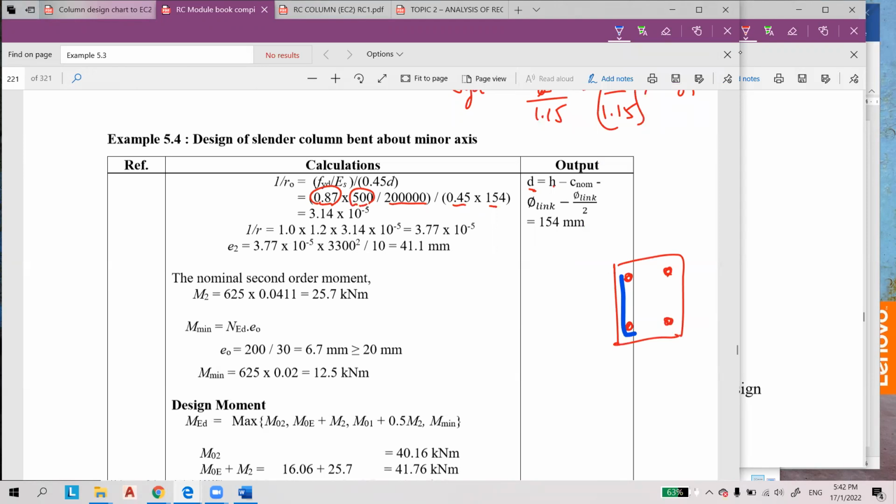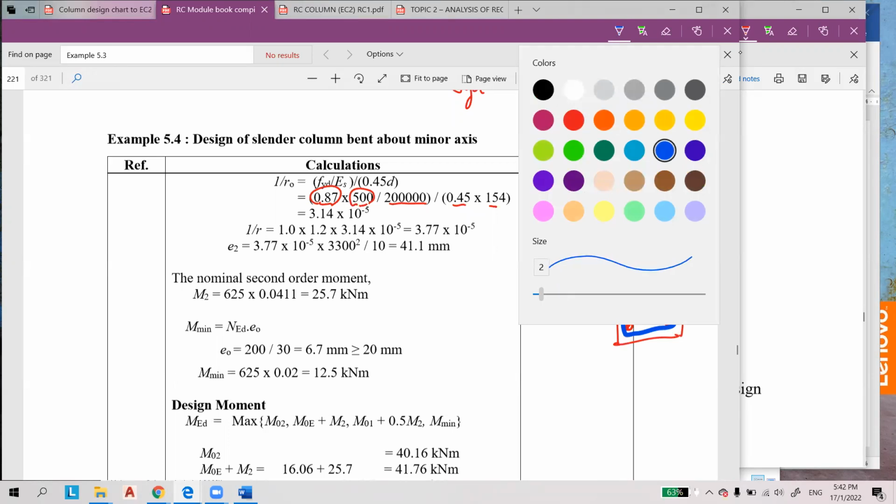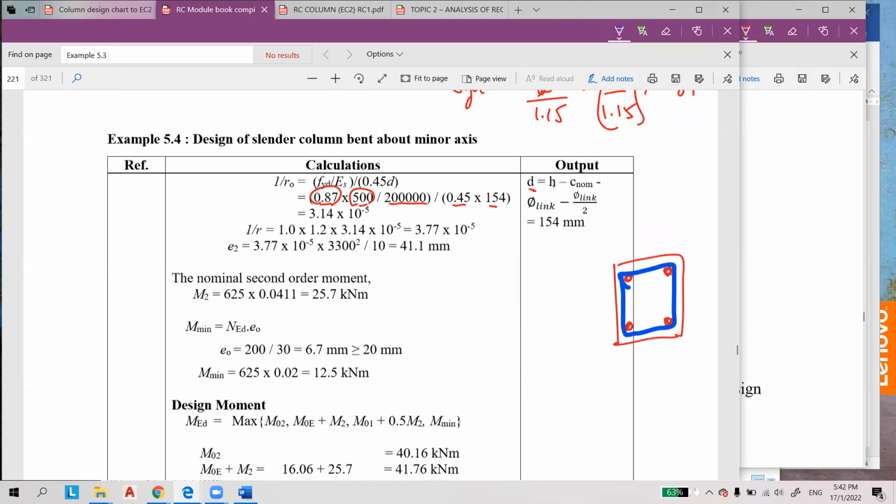So I hope you are not confused. This is the value of D2, and this is the value of D. So D is equal to H 200 minus 30 minus 6 minus 20 over 2, I'm checking by using my calculator.